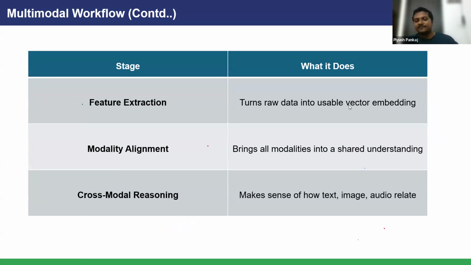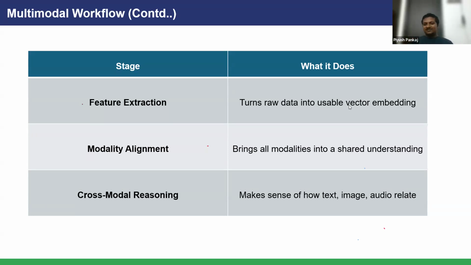Let's try to understand. In school you might have heard one thing: the computer doesn't understand the language we speak or the words we use. Computers only understand numbers, right? And that is also true for models. Models don't know about images, video, or text.